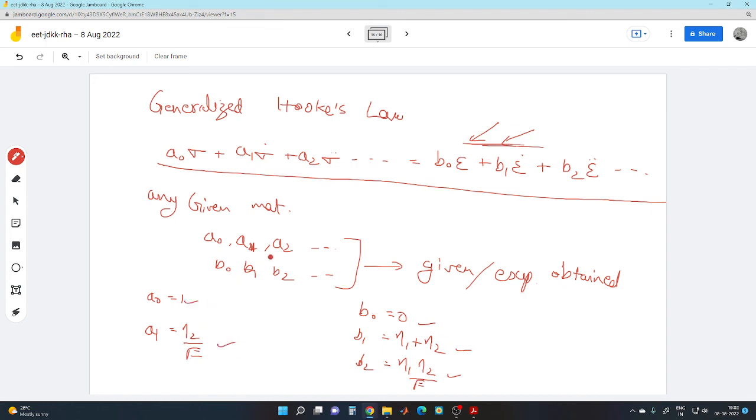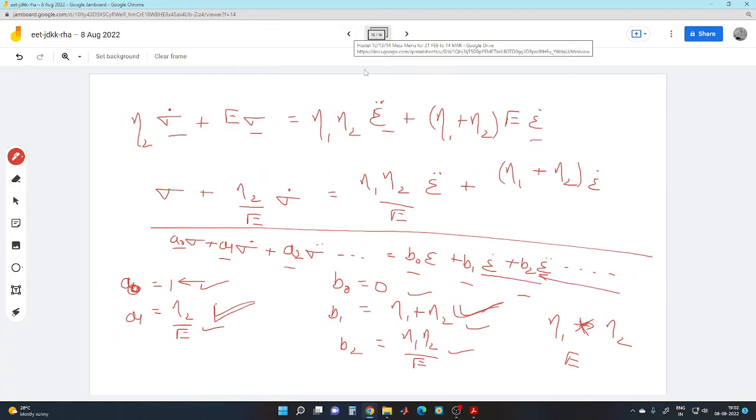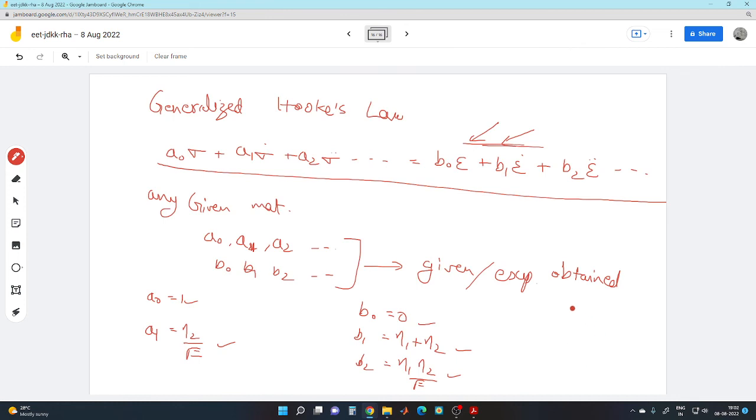This relates the actual material with our idealized system, which is one damper here and one spring damper here. So this is our idealized system.